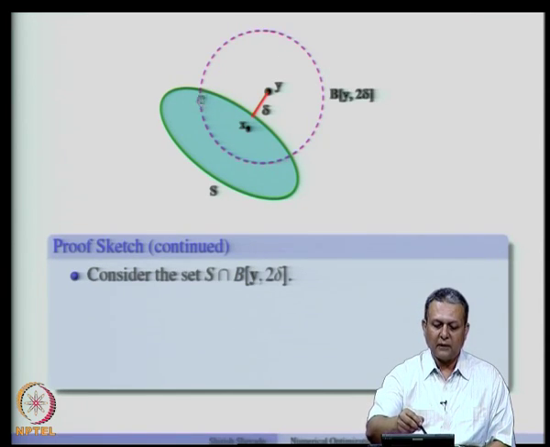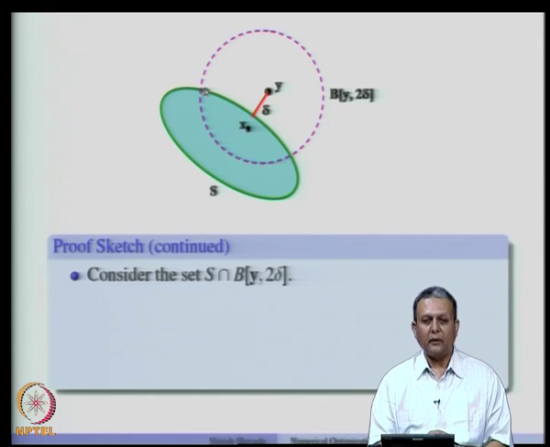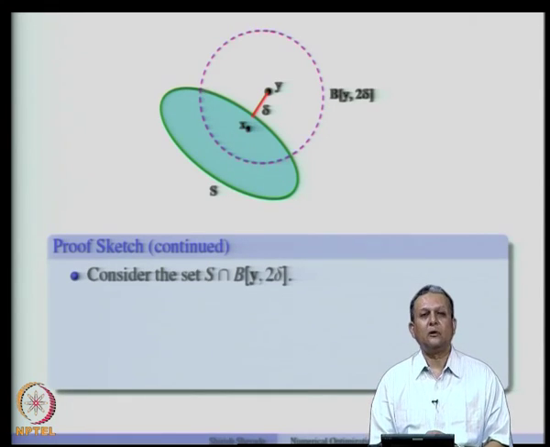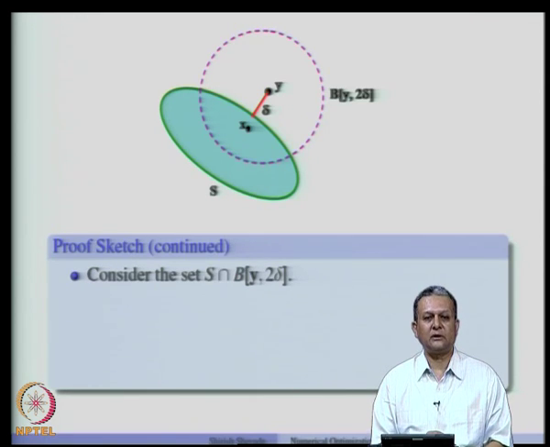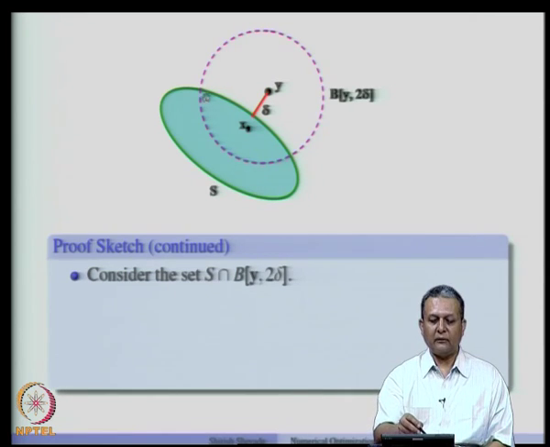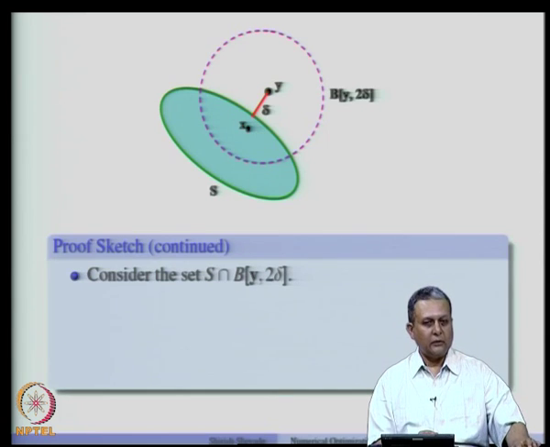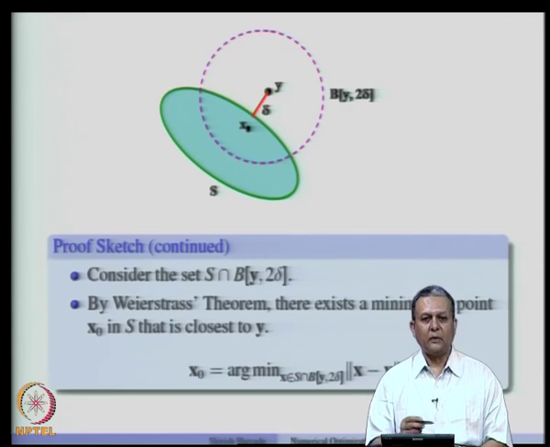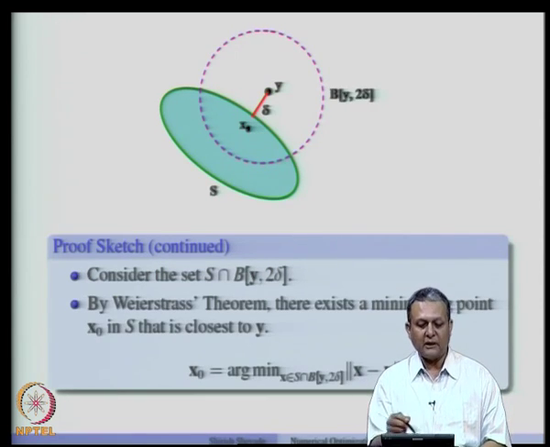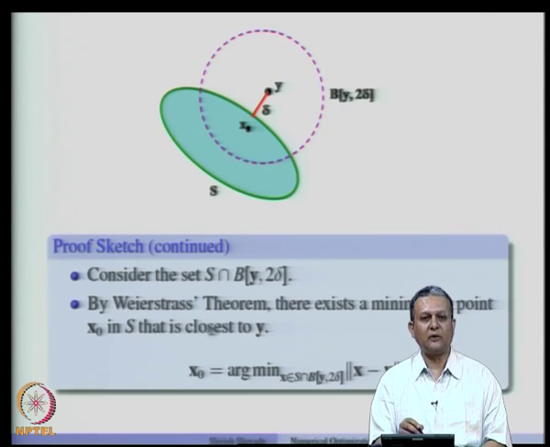Okay. Now, we can use Weierstrass theorem, because now we have a function norm x minus y, which is a continuous function in x, and the constraint set that we are talking about is closed and bounded. So, by Weierstrass theorem, there exists a minimizing point x0 in S that is closest to y.